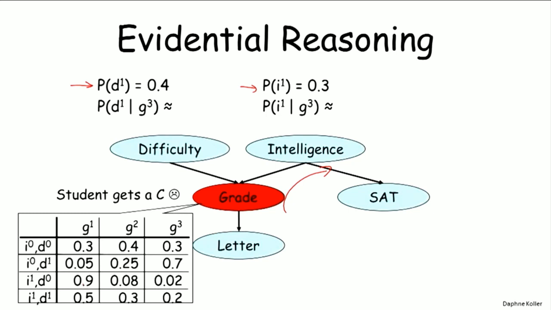But now with this additional evidence, again, this is not surprising, the probability that the student is intelligent goes down by a fair amount, but the other alternative hypothesis that the class is difficult, the probability of that goes up as well.